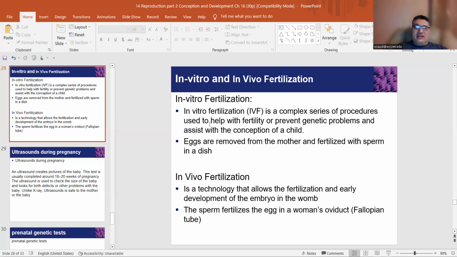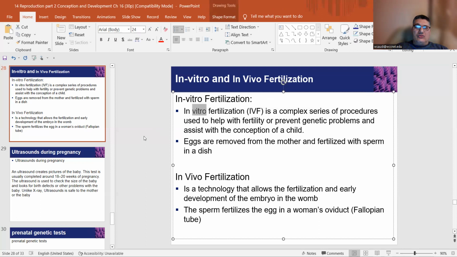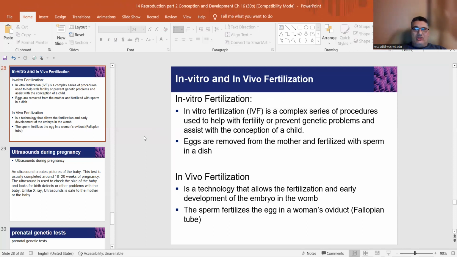So if that's the case, they do something called in vitro. In vitro means in the laboratory, outside, which is procedures that can be used in this case, or sometimes it's used to prevent genetic problems. Like if they know for sure that those two couples, if they tried to do conception, fertilization, there is a good chance to get genetic abnormalities.